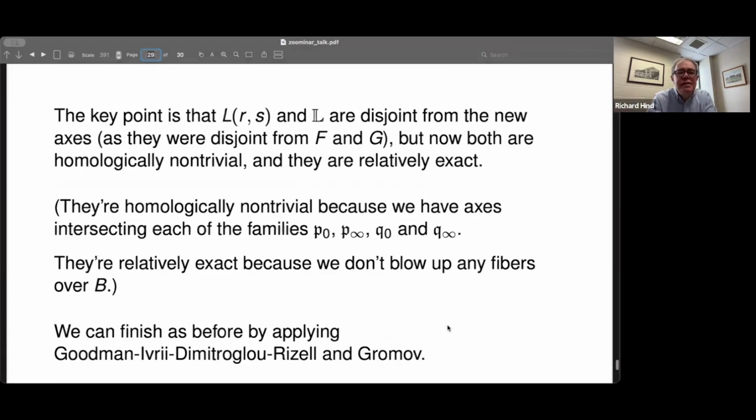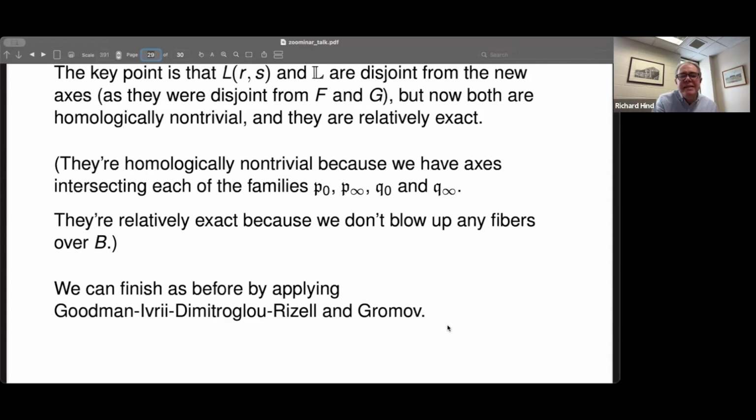The point is that still the L, R, S, and the bold R are going to be disjoint from the axes, basically because they were disjoint from S, F, and G by construction. But now they're both homologically non-trivial and relatively exact. They're homologically non-trivial exactly because now I have axes intersecting each of the families. And the relatively exact thing is related to pushing all the intersections off to the two sides.